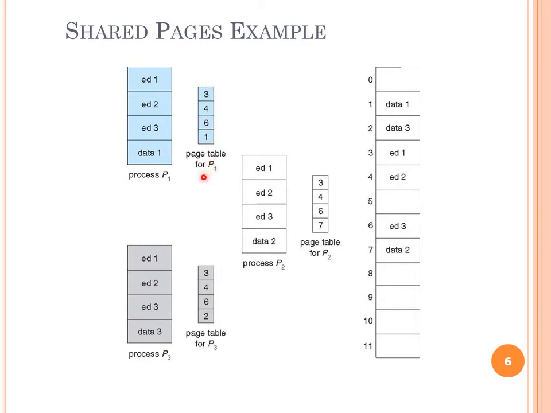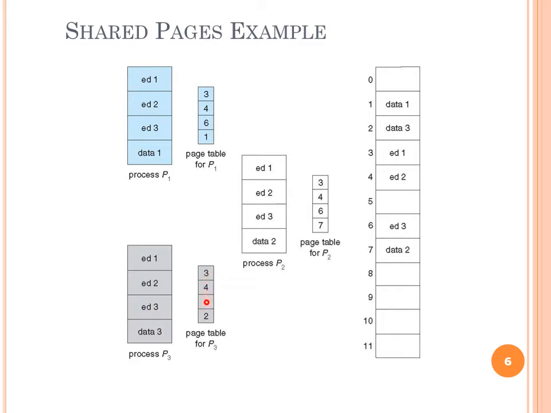So this is the page table for process P1. Now process P2 is also using the same pages, that is editor 1, editor 2, editor 3. So the same frames are shared here, 3, 4, 6. Data 2 of process 2 is stored separately in another frame, that is 7. Then process P3 is also sharing the same three pages, editor 1, editor 2, editor 3.